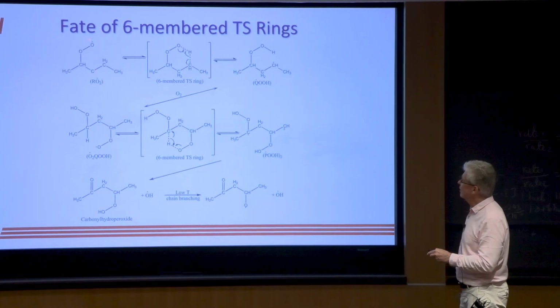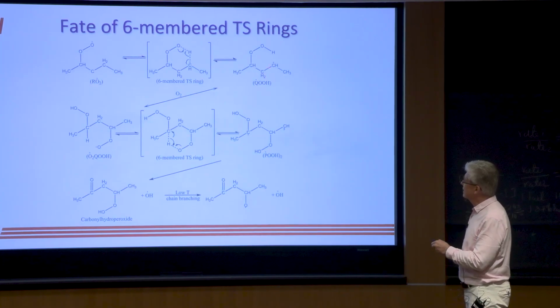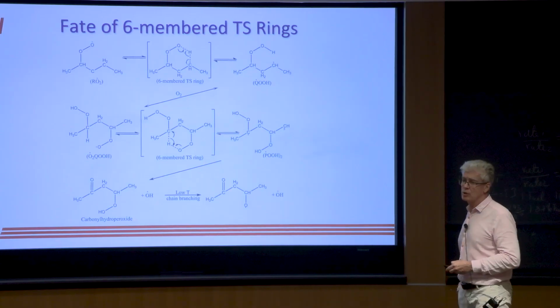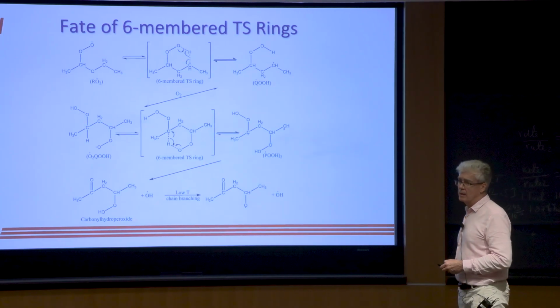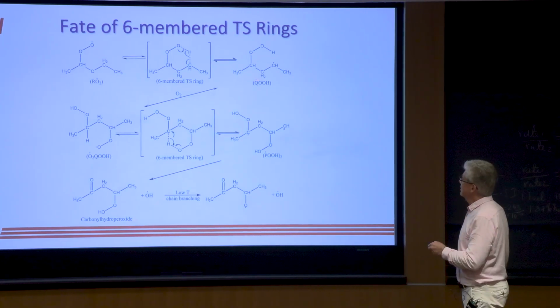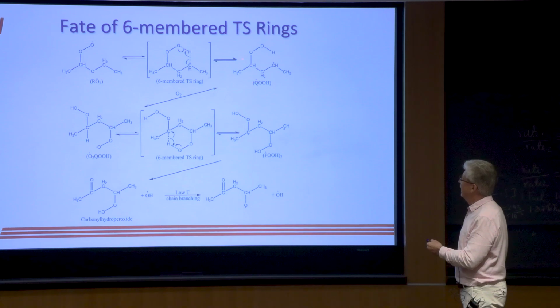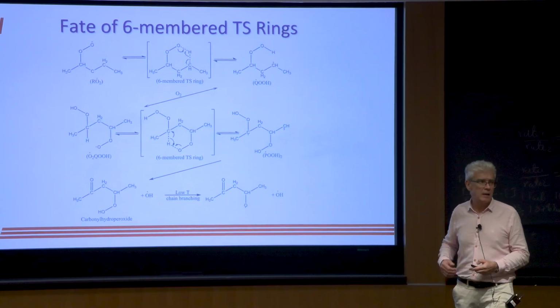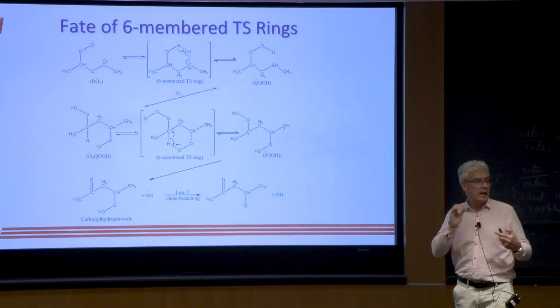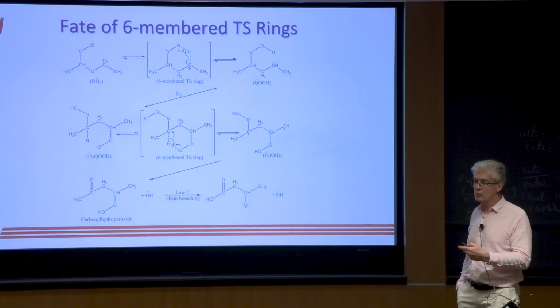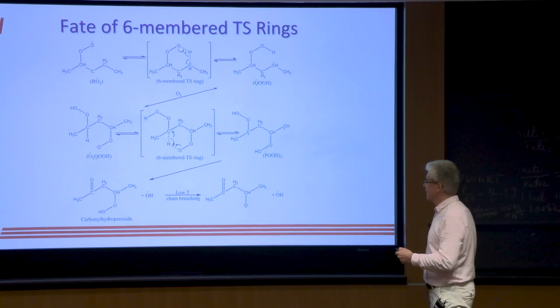6-membered rings go through the 6-member transition state ring and then give you this hydroperoxy alkyl radical, which then adds to O2 and gives you low temperature chain branching. That's all I want to say here. So 6-membered rings go to chain branching, because the propagation reactions from this hydroperoxy alkyl radical aren't very fast, and so the addition to O2 and branching is faster.